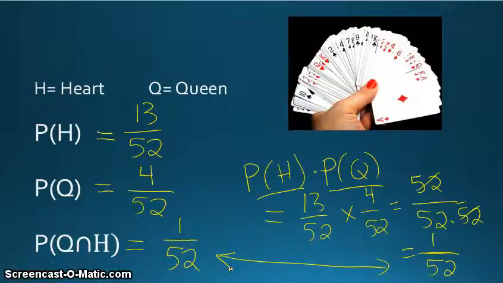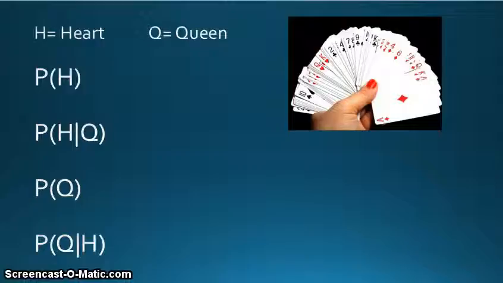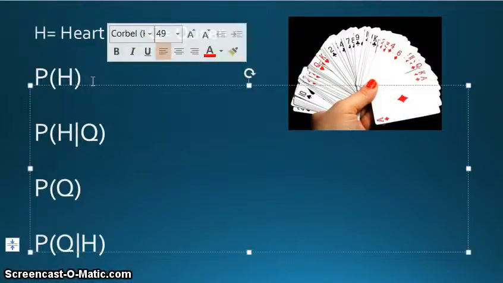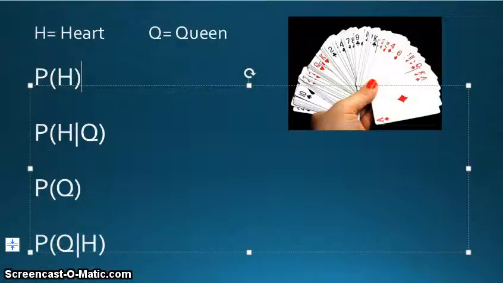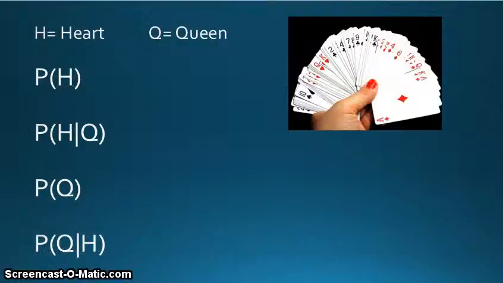So let's just take one more look. We saw last time on our last slide that the probability of a heart is 13 out of 52.